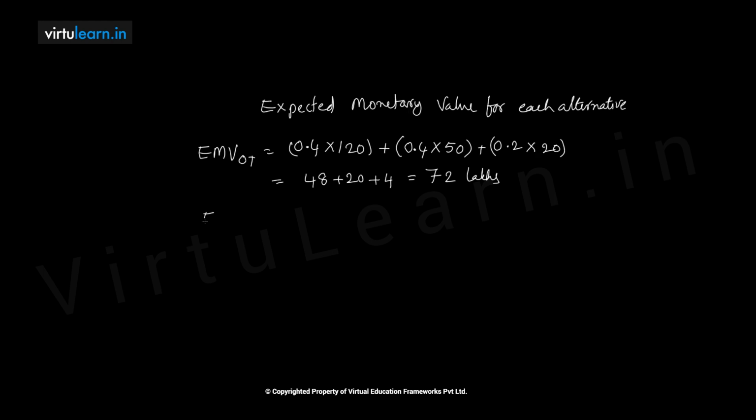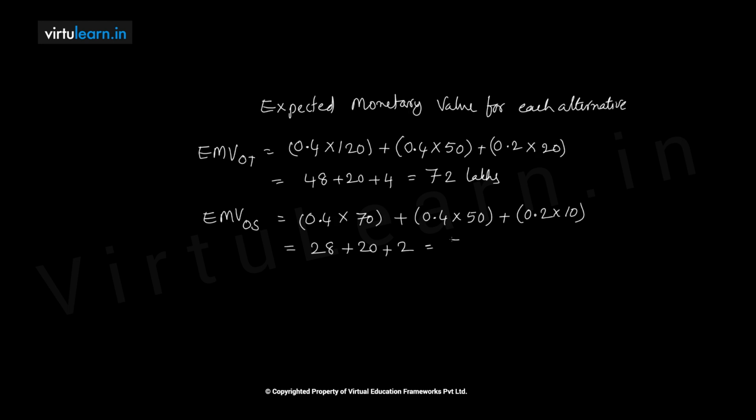Then simply we will calculate EMV for outsourcing. For outsourcing, if the demand is high, the profit is 70 lakhs, plus when the demand is medium, the profit is 50 lakhs. When the demand is low, the profit is 10 lakhs, which will give us 28 plus 20, 48, plus 2, 50 lakhs.